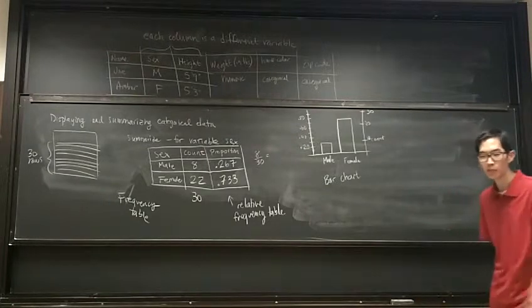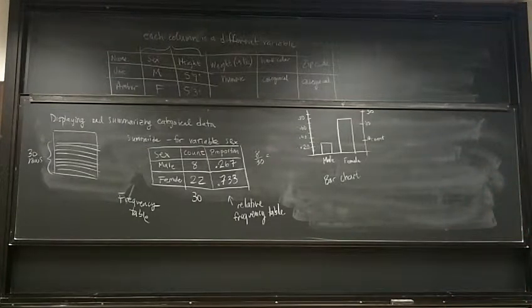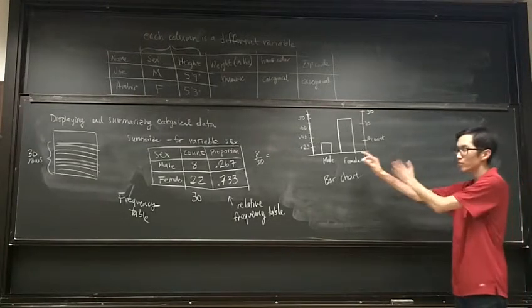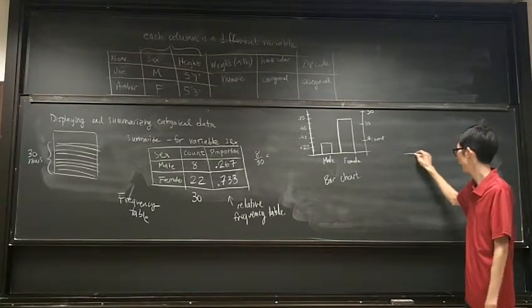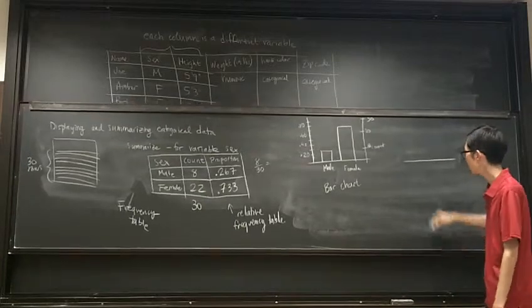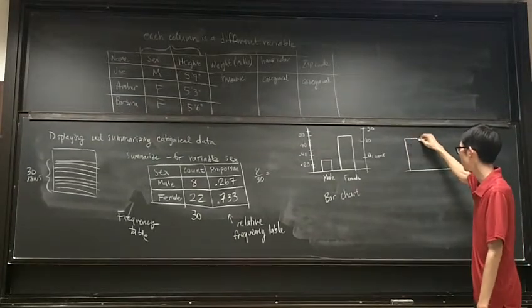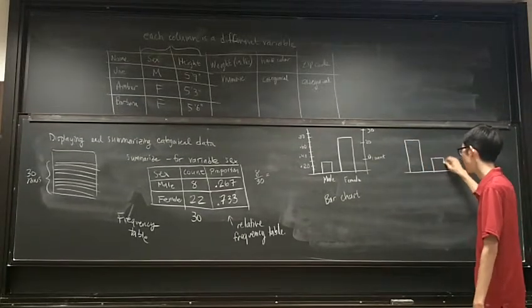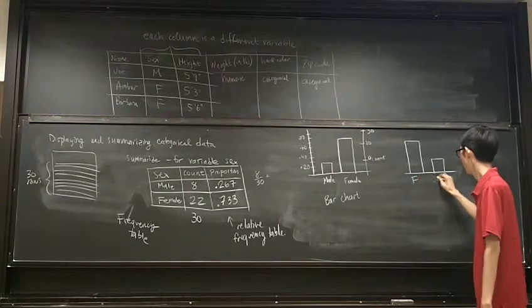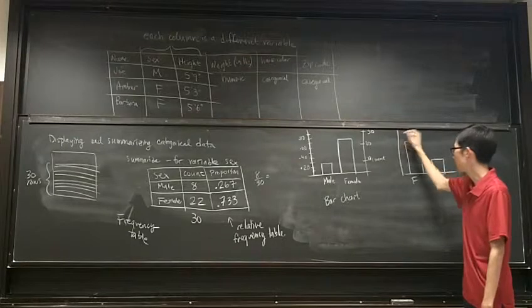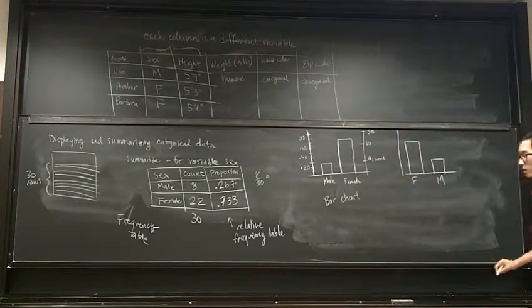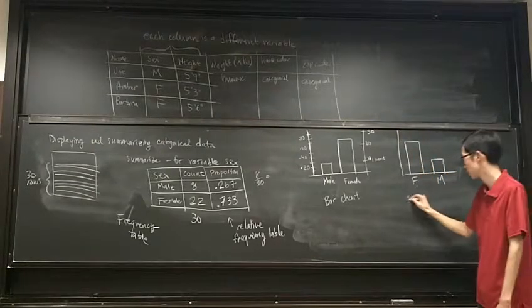Alright, a key thing about the bar chart is that I could rearrange the order of the bars, and it would be just as valid. Okay, so I could put the female column over here, and the male column over here, and as long as I've labeled the axes correctly, this is equally valid.